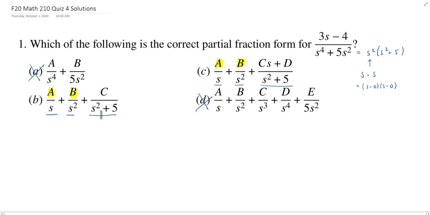And this is where we have to understand how the form works. When we have an irreducible quadratic, we need in the numerator not just a constant, but a true linear function, at least in our general form. So in the end, C is the only form which is going to meet all the criteria we need for our partial fraction decomposition.